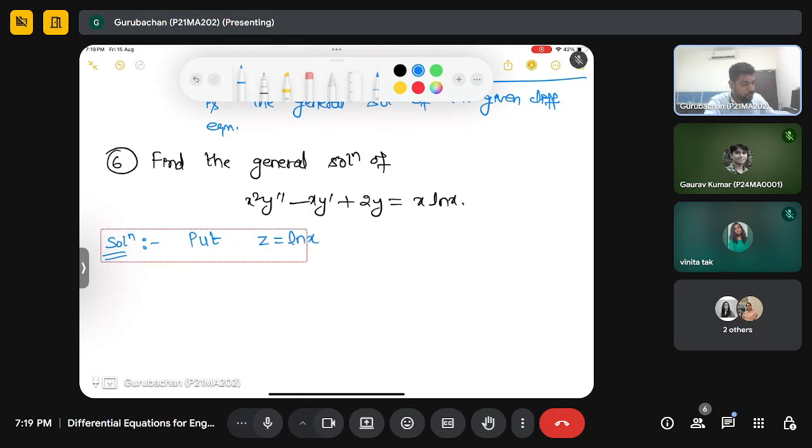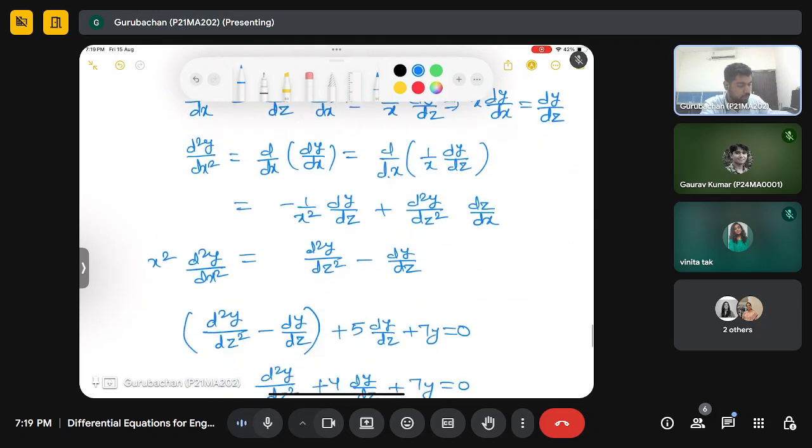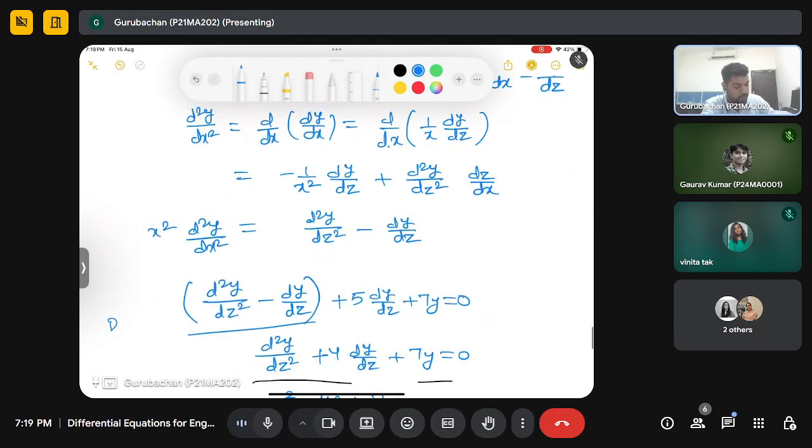So I am skipping some steps. If you observe, this is nothing but D(D minus 1) of z, where D is d by dz.